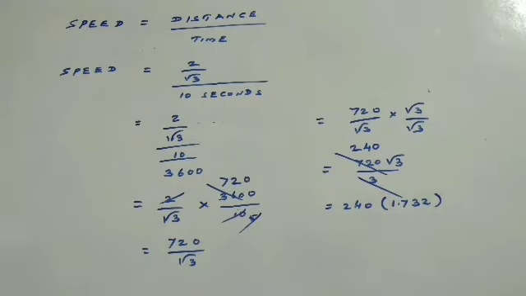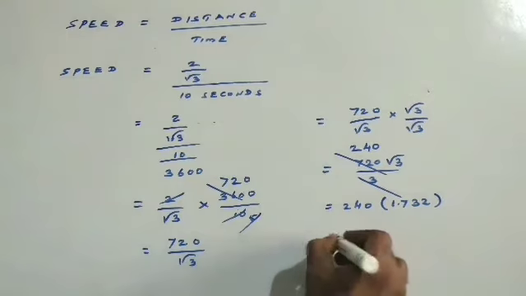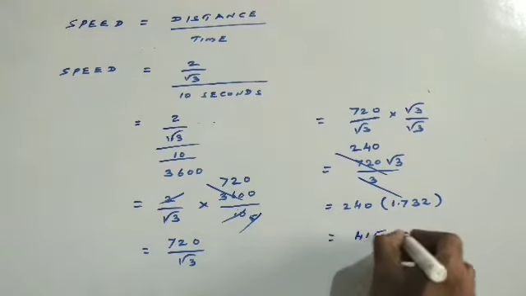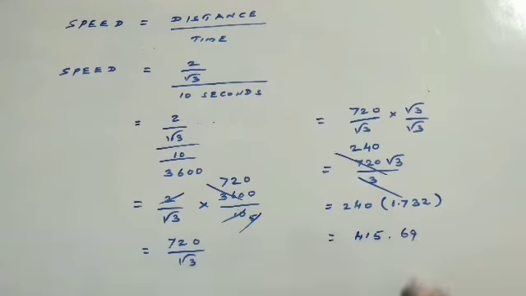After that you have to put the decimal after 3 numbers, so you get 415.69.